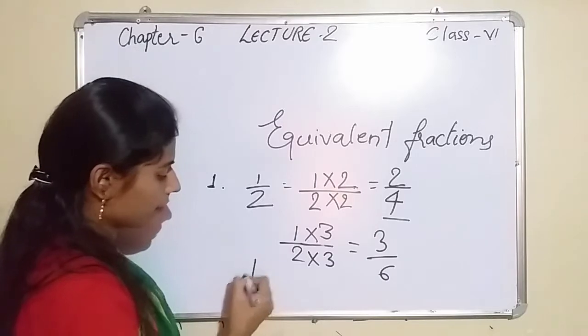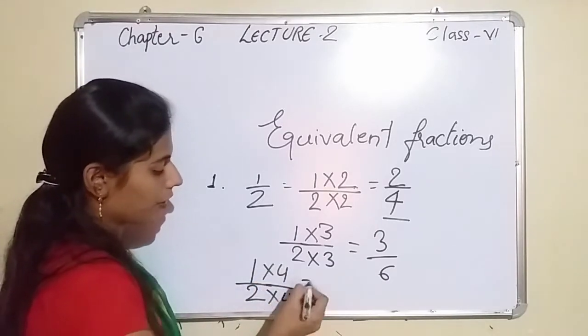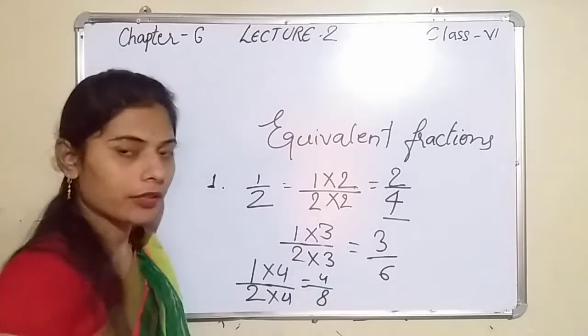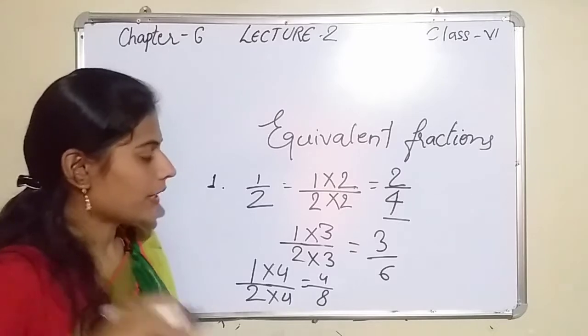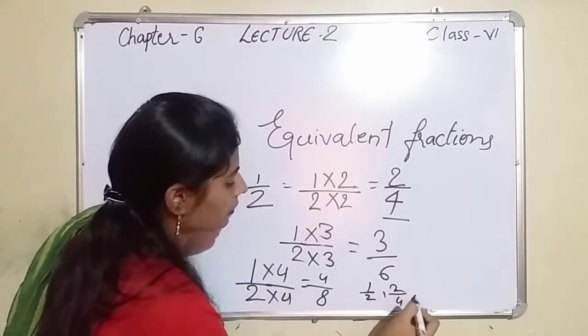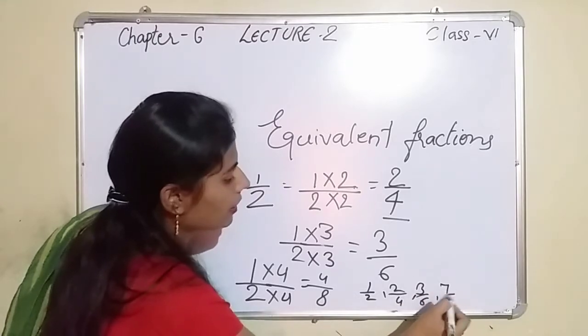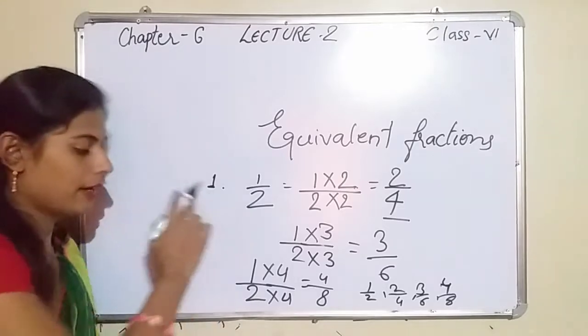Take the next one, 1 by 2, multiply by 4 now, here also multiply by 4, it will become 4 by 8. So the equivalent fractions here are 1 by 2, 2 by 4, 3 by 6 and 4 by 8. These are the equivalent fractions of 1 by 2.